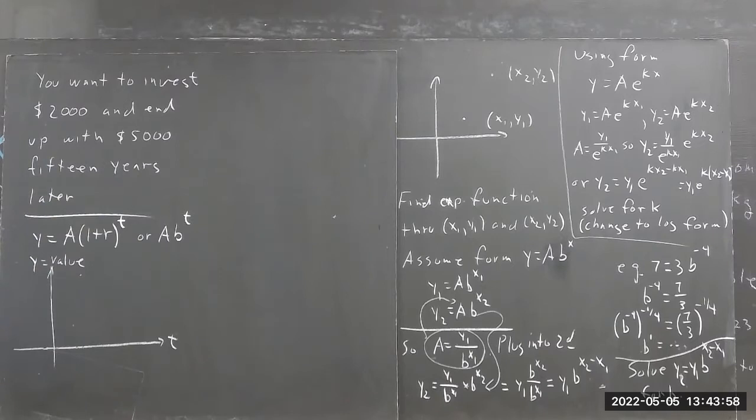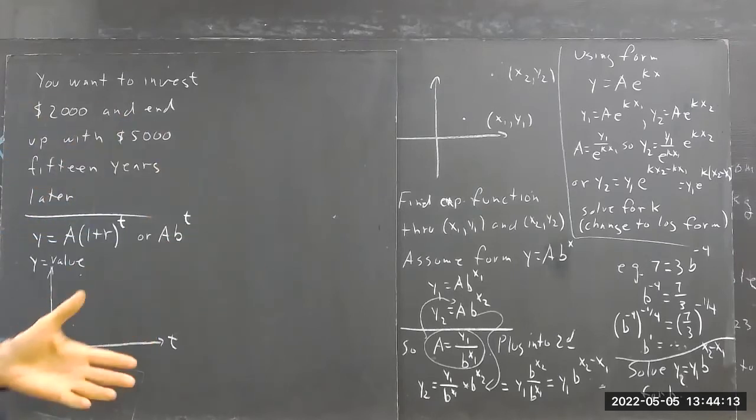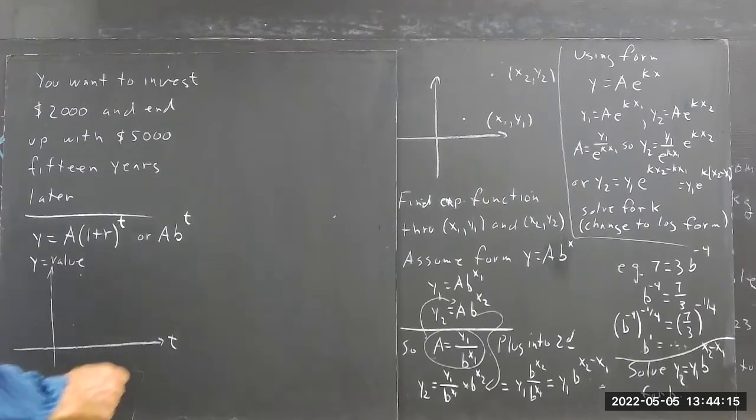Now, that should be a no-brainer if you've done the application problems. Most of you have done them, but you might want to go back and look at the application problems because there will be one. Whether it'll be population, radioactive decay, money, okay? It's going to be probably one of those things or something closely related.